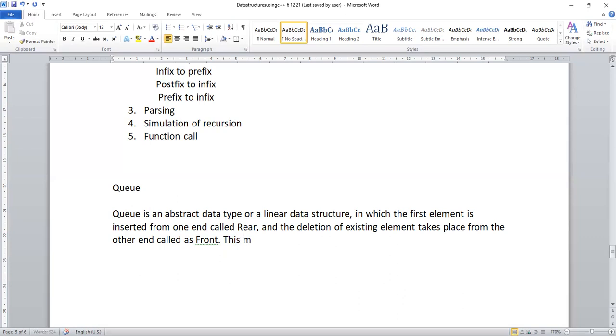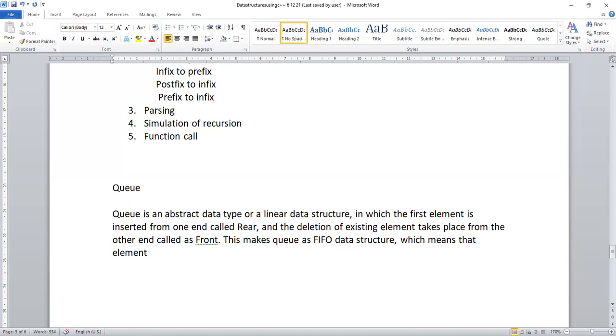This makes the queue a FIFO data structure. FIFO means first in first out, which means that the element inserted first will also be removed first.